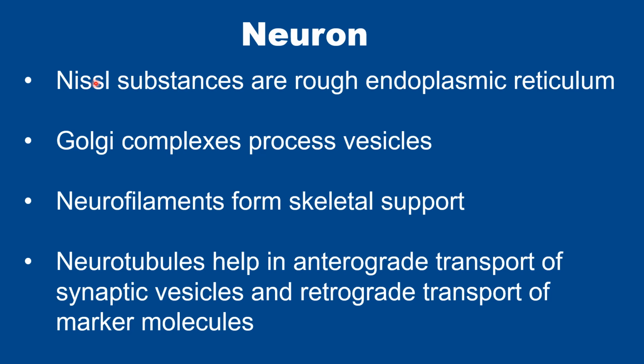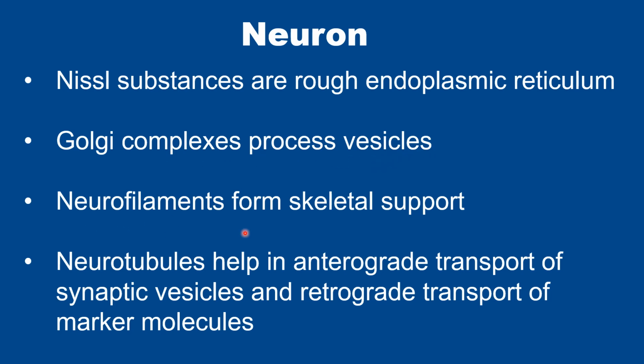Like all other cells, the neuron contains the nucleus and cytoplasm. The special characteristics of the cytoplasm are the Nissl substances, which are the rough endoplasmic reticulum for synthesis of protein. The Golgi complex of the neuron forms vesicles.